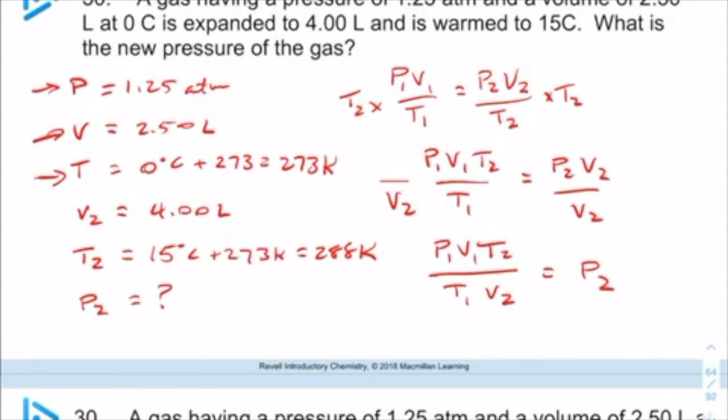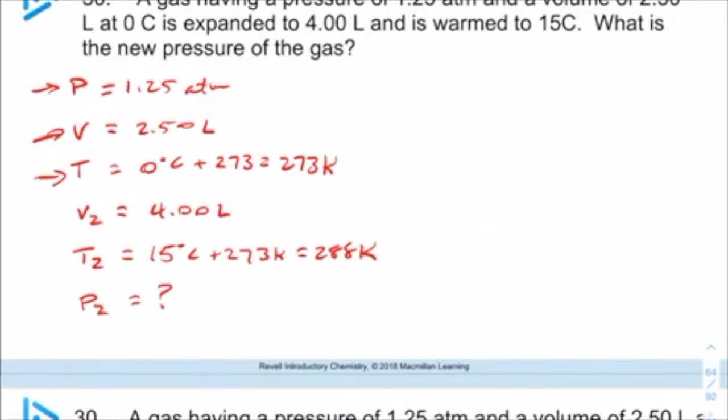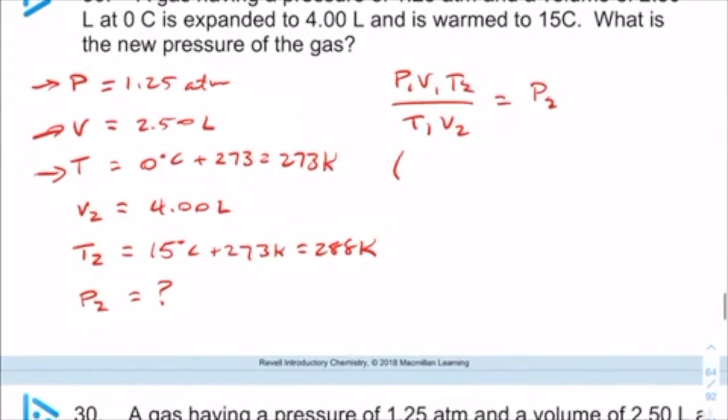So I'm going to erase all that and rewrite it up a little higher so we can plug in our numbers and still have space on the slide. P1 V1 T2 over T1 V2 equals P2. So now that I have my arrangement, I'm going to plug in my numbers.